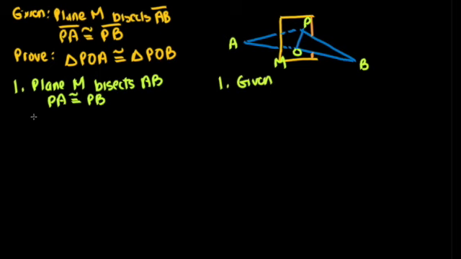Okay, so we can see that plane M bisects segment AB. We know that when something bisects a segment, we now have a midpoint. So we can say that plane M is the midpoint of AB. Let's go ahead and write this down in our proof.